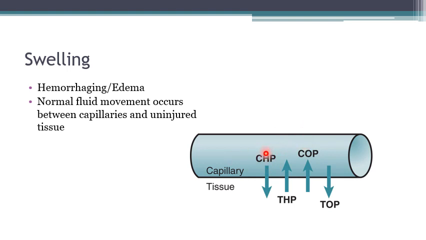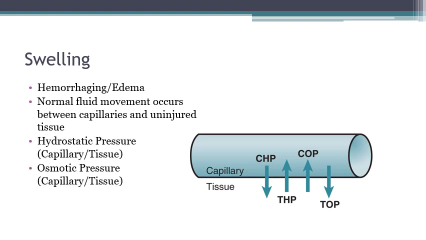Hydrostatic pressure pushes, oncotic pressure pulls. Remember we had mentioned that as part of our process. Hydrostatic pressure is pressure from a column of fluid. That's going to push. Oncotic pressure or osmotic pressure, I'll use those terms interchangeably, is going to pull.